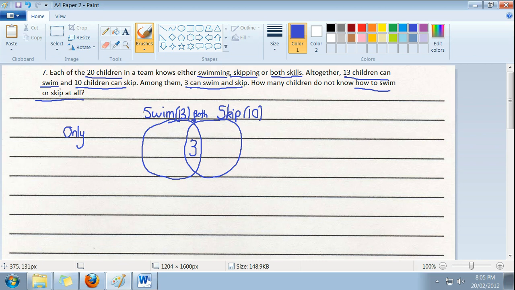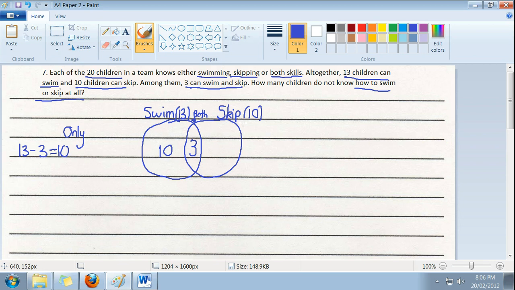Alright, so let's begin. So we got a Venn diagram here. We know that 13 children can swim. We know that 10 children can skip. And we know 3 can do both. Now if we want to find out how many children only know how to swim, we subtract 3 from 13. And we get 10. So in other words, inside this circle, only 10 children know how to swim.